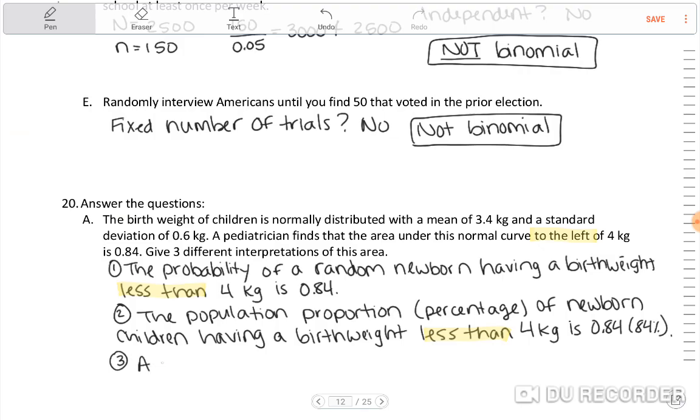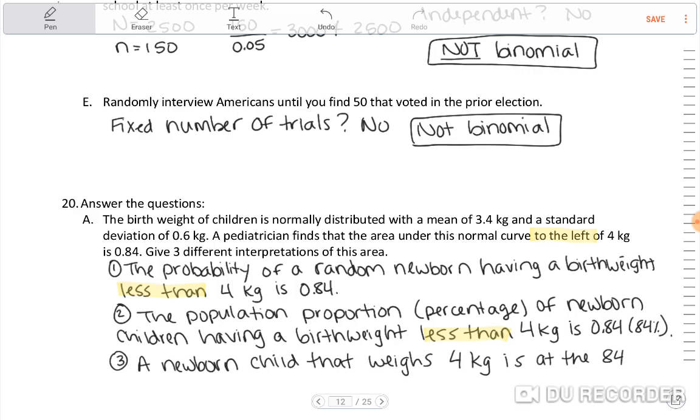A newborn child that weighs 4 kilograms is at the 84th percentile, because that means 84% are less than or equal to that child's weight. So those are our three interpretations for that one.